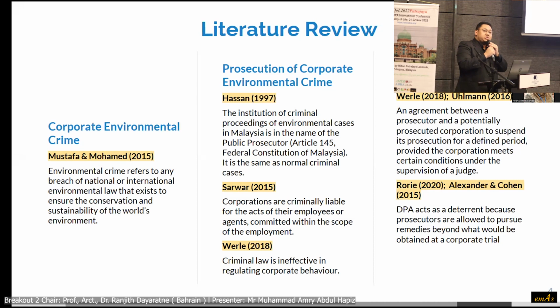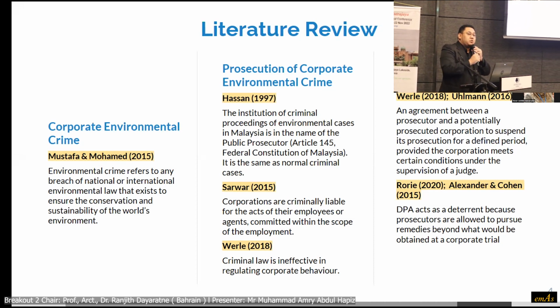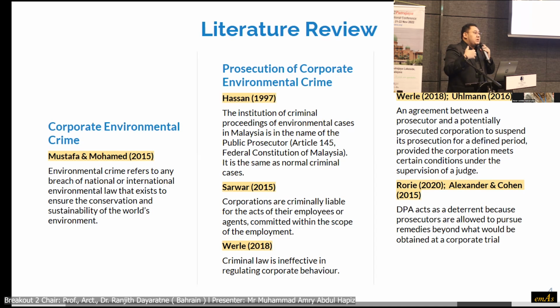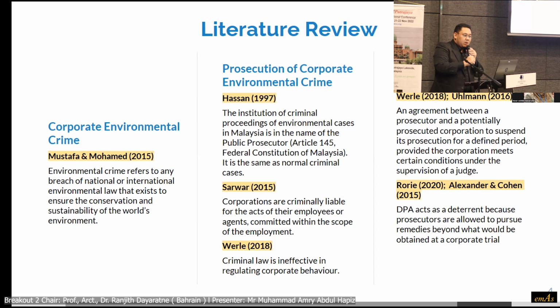And prosecution of corporate crime, if it is committed by corporations, is treated by the laws just as normal criminal cases. That means they will have to go through investigations, charge, arrest, litigation, and then you have a decision, if not, appeal, and then the final judgment. So that is the existing legal framework concerning environmental crime in Malaysia.